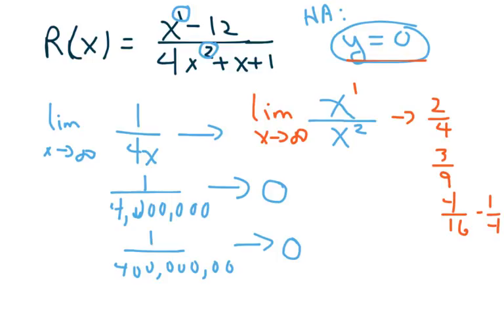Now let's look at where the degree is the same. Let me see if I can find one in the book. So let's look at this one. R of x equals 3x over x plus 4.